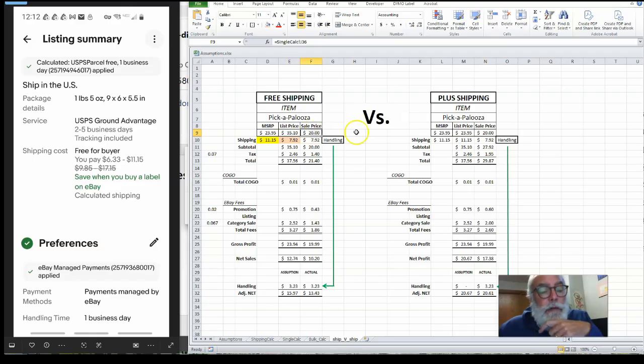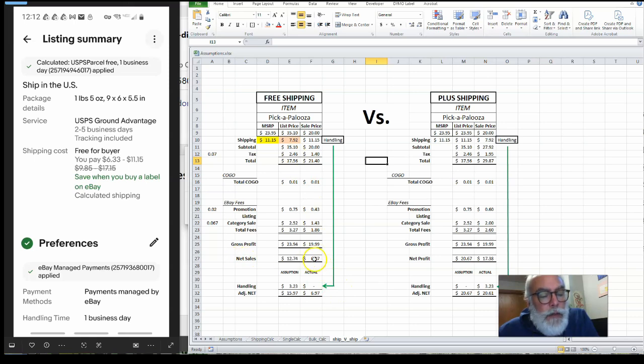But because I got an offer for 20, I had to determine whether or not I wanted to take that. Now, having this information, I don't know, this isn't the same item, because I can't find that anywhere. But if I take this, I literally could have lost my shirt on this item, because I would have had to pay out more in shipping than I was actually going to make on the item by 80 cents. I would have been negative, oops, not $11.95, $11.15.